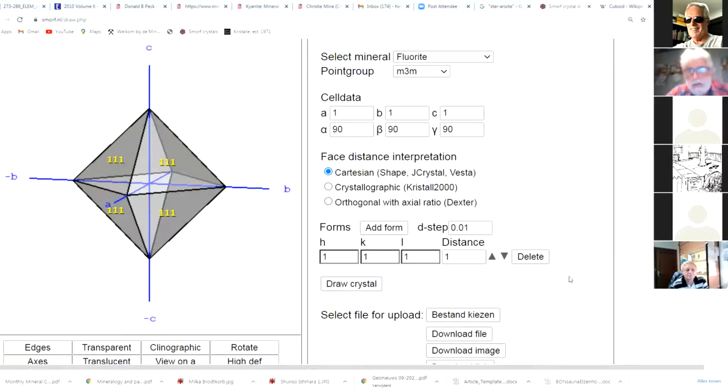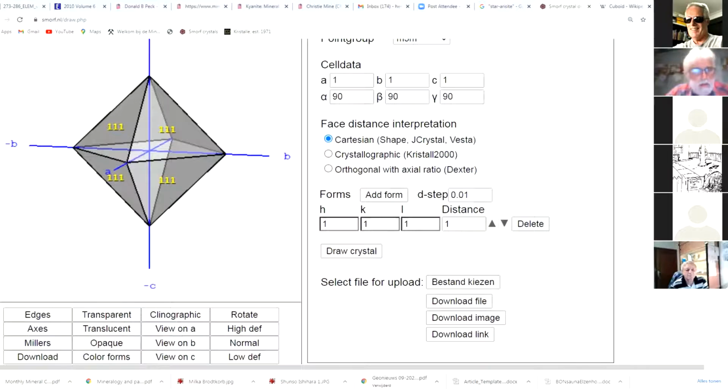Let me take those off. Okay. The axis. Here you go. So what we get is an octahedron. Okay. So the octahedron has faces that cut off the A axis, the B axis, and the C axis at the same distance. Isometric.